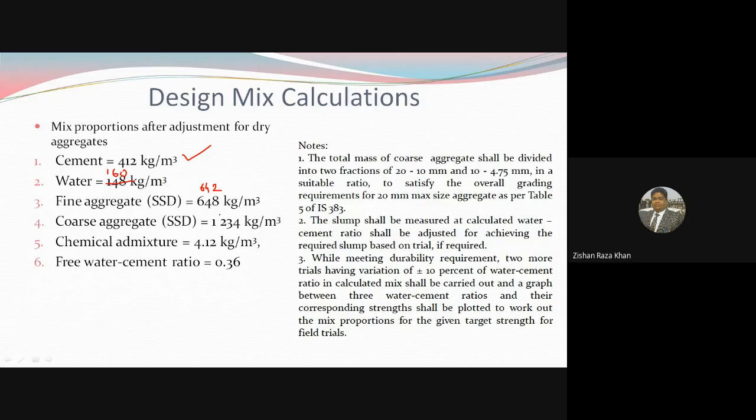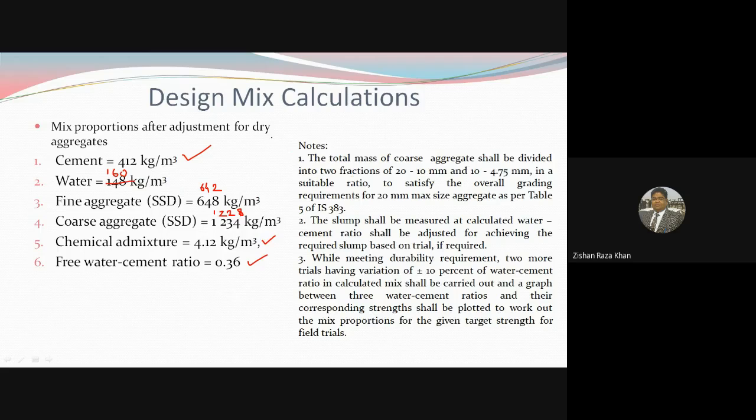Okay. Chemical admixture is 4.12 kg and free water cement ratio is 0.36. Okay, fine.